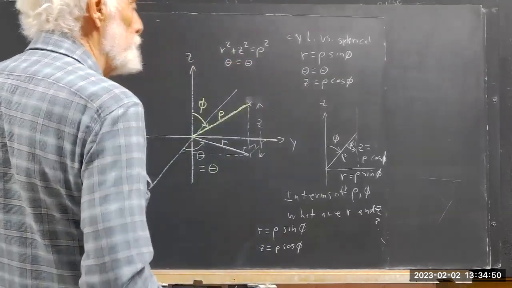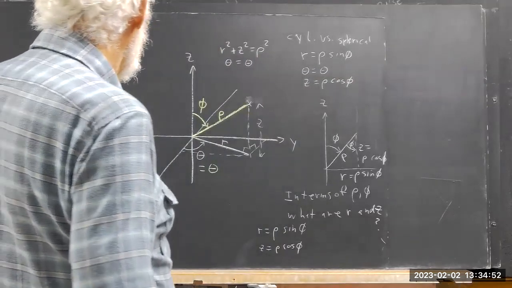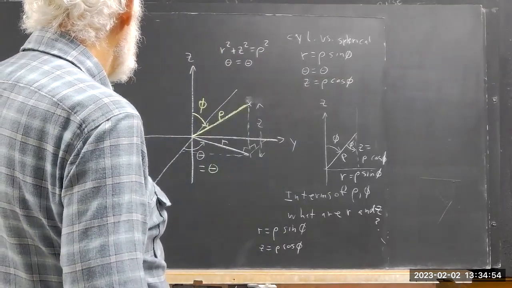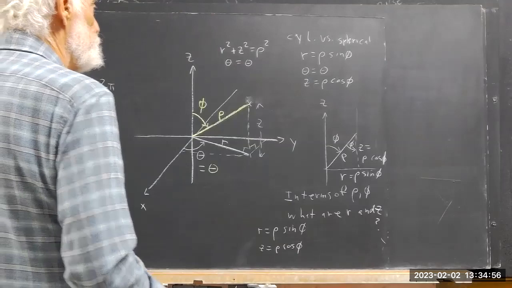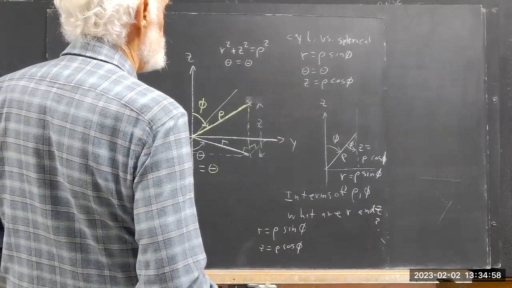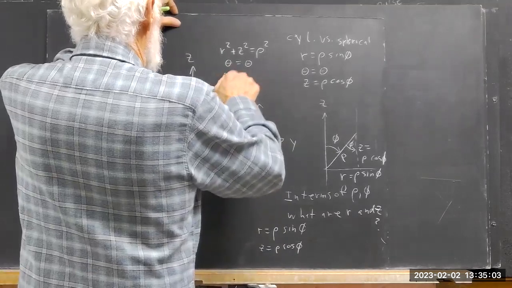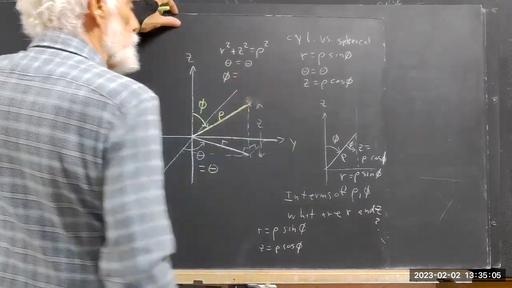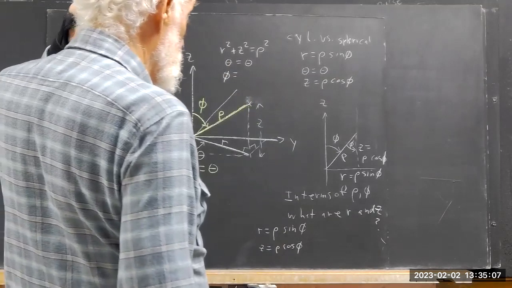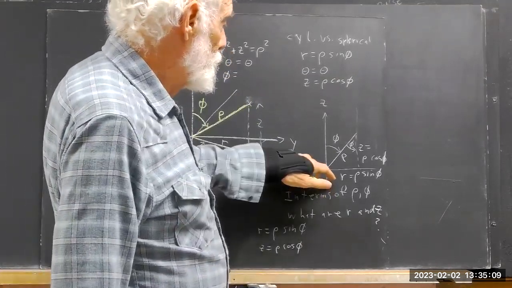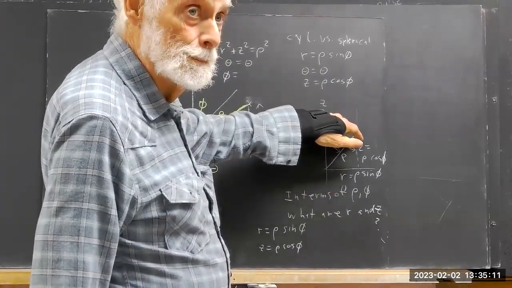Theta equals theta. And phi equals what? So our tangent of r over z.